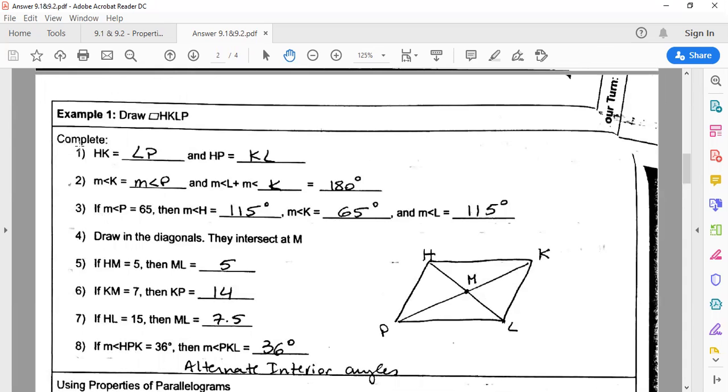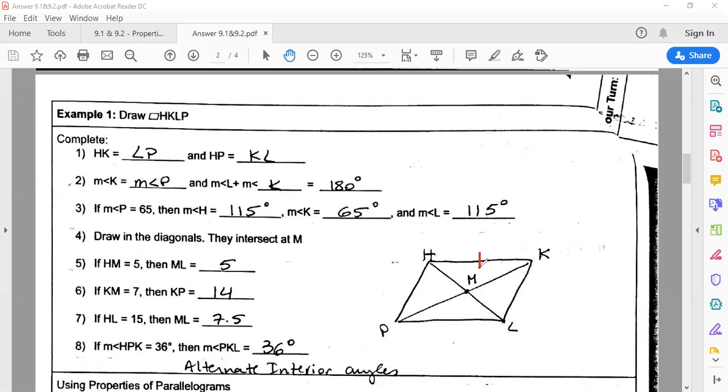So now I have an example here where I'm asked to draw parallelogram HKLP. So I drew here the parallelogram HKLP, okay? And now I can get some information. I know that HK is going to be equal to LP.